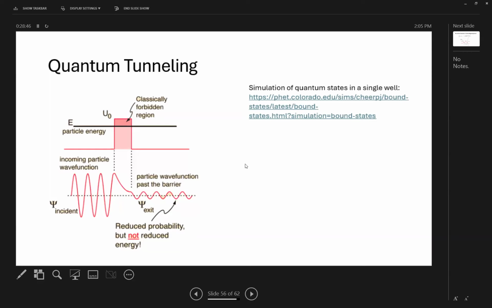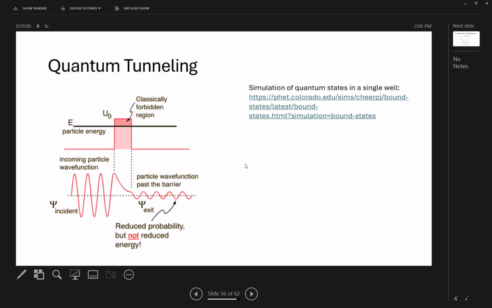Remember that energy is related to the wavelength by the following relation. Energy is related to the wave number k.